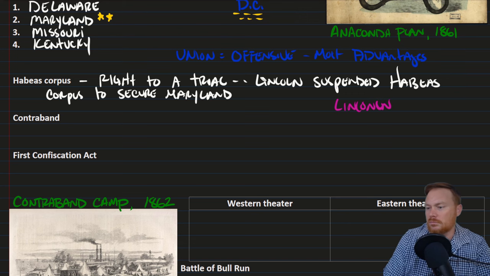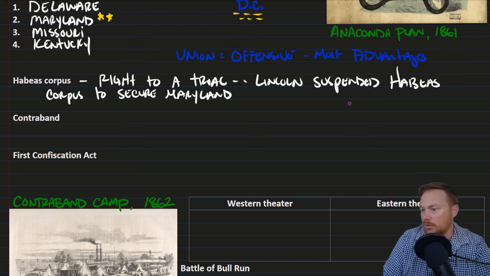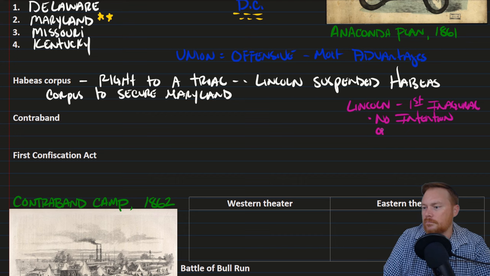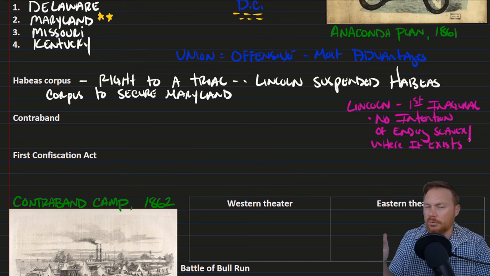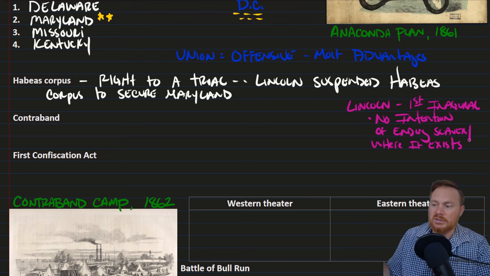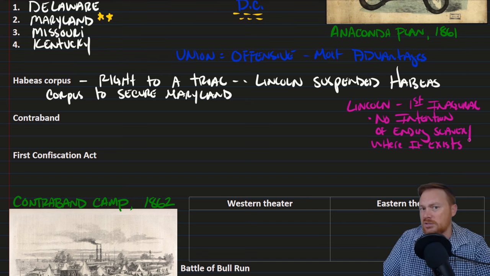Lincoln, in his first inaugural, right, when he became president, said no intention of ending slavery where it exists. Remember, Lincoln, the Republican candidate, he was only against the spread of slavery at this point, not against ending slavery where it exists. And so he had said this when he was first elected president.